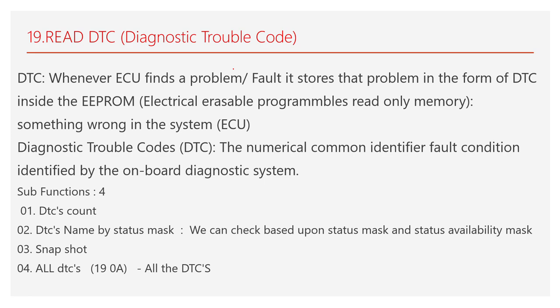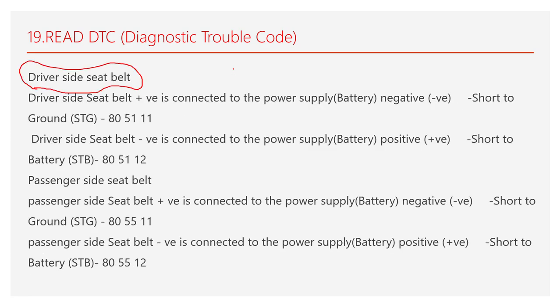What is an open fault? Sometimes connection errors or mismatching data cause errors in open fault. For short to battery and short to ground, I will show one example. I'm taking the driver seat belt.